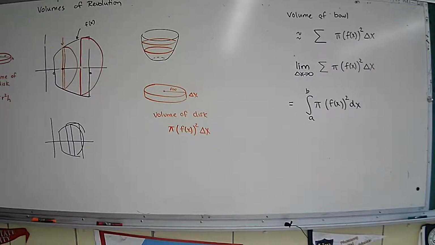Remember when we started integration, I told you probably multiple times that integration is not necessarily just finding area. Integration is adding up stuff. It's adding up an infinite number of things. What is it that we're adding up here?